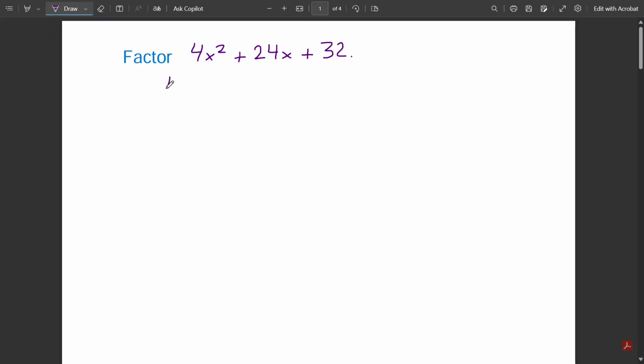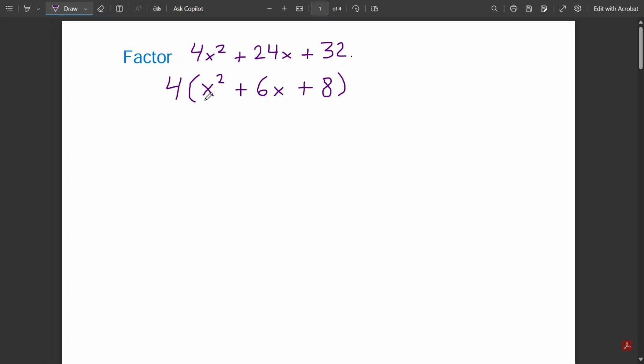So I'm going to rewrite this as 4 times x squared, because 4 times x squared will give me 4x squared, plus 6x, because 4 times 6x will give me 24x, plus 8. The reason being is 4 times 8 is 32. So I factored out the common factor.